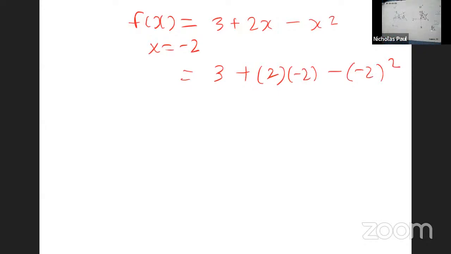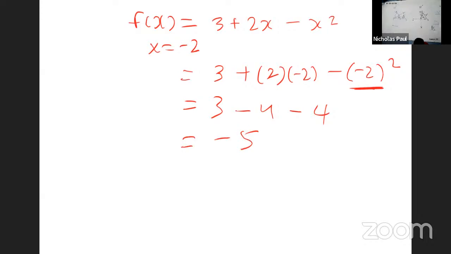When they say minus x squared, square the x first, then apply the minus sign, right? Don't put minus and a minus or plus and then square it. You square the -2 first, then you apply the minus sign. Okay? Don't get that wrong, right? So this will be 3 minus 4 minus 4. Okay, because this is positive. And you will get 3 minus 8, which is -5.